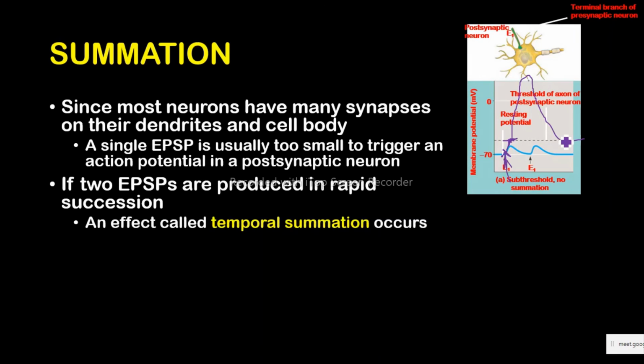Now with temporal summation, you make synaptic junctions with one neuron. You stimulate two or more stimuli rapidly, in succession, and it is going to be perceived as one stimulus, which is evoked as a full-sized potential.